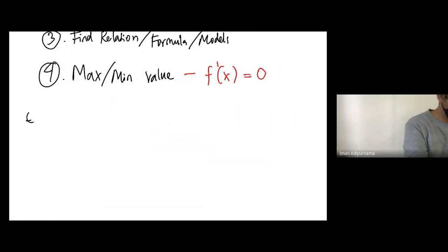Let me give you an example. Maybe start with a simple example.